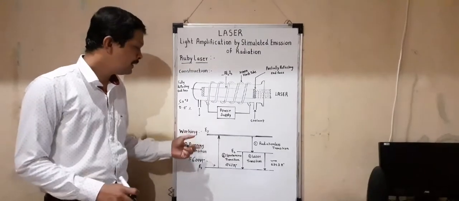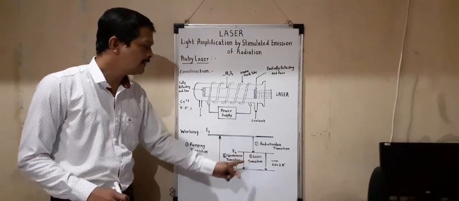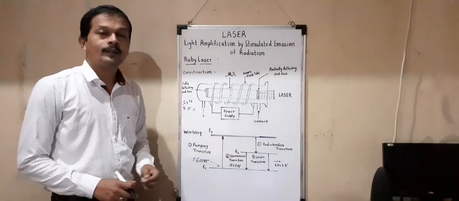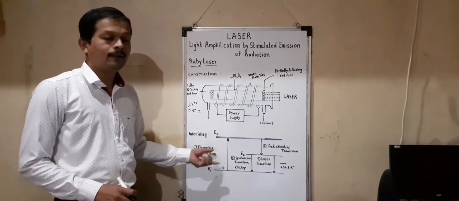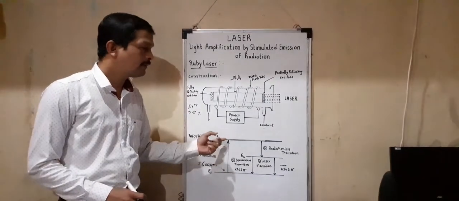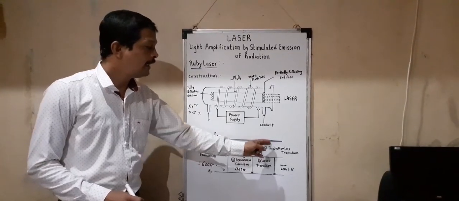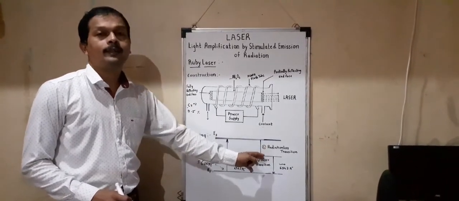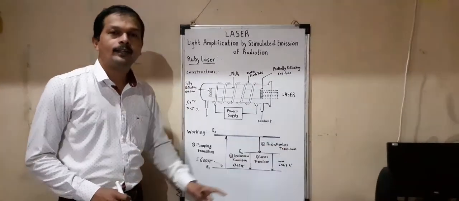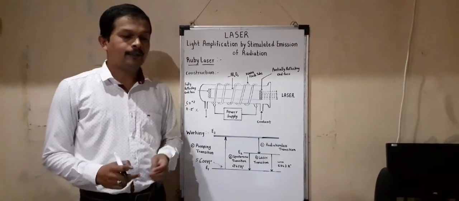There are four transitions: pumping transition, radiationless transition, spontaneous transition and laser transition. The first is the optical pumping transition. The second transition is a radiationless transition, in which the excited ions give up part of their energy to the crystal lattice and the remainder goes to the metastable state. Third is the spontaneous transition.